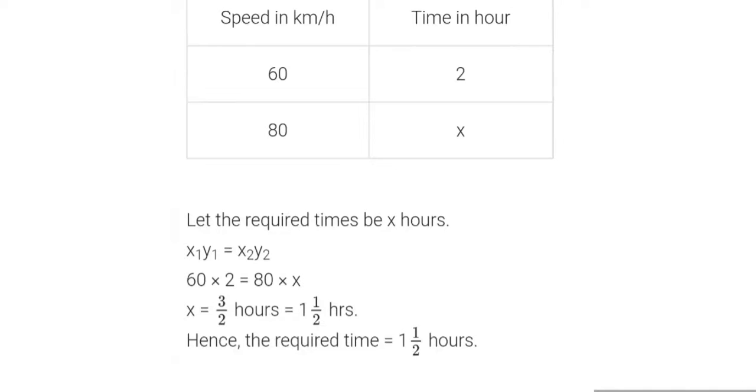So speed is 60 kilometer, so time is 2 hours. Now speed is 80, so suppose time is x. So 60 into 2 is equal to 80 into x. So x is equal to 60 into 2 upon 80. So x is equal to 3 upon 2, which means 1 whole 1 upon 2 hours. So the required time is 1 whole 1 upon 2 hours.